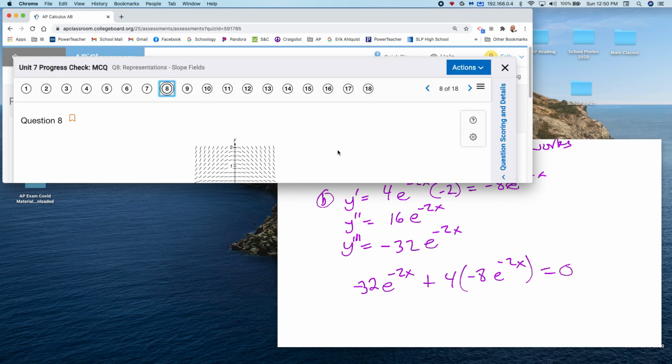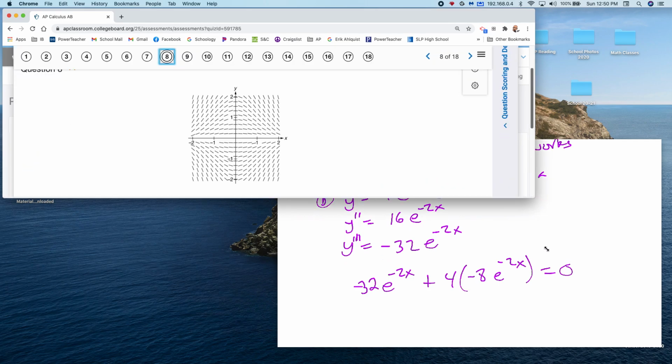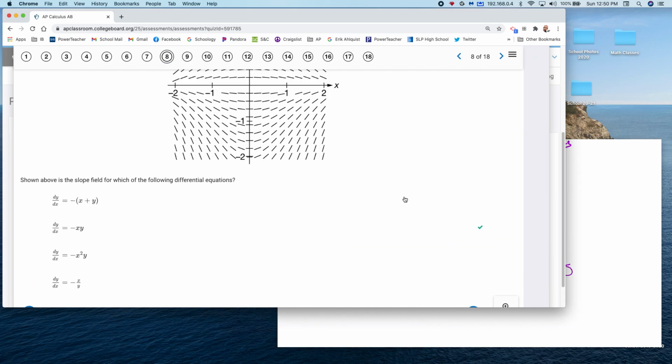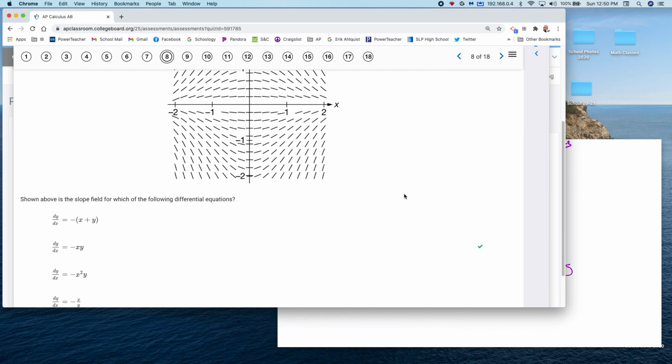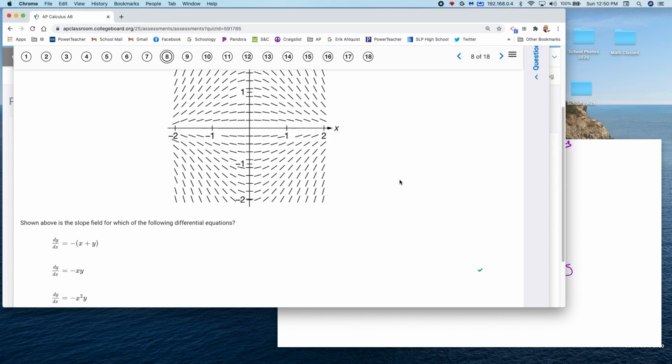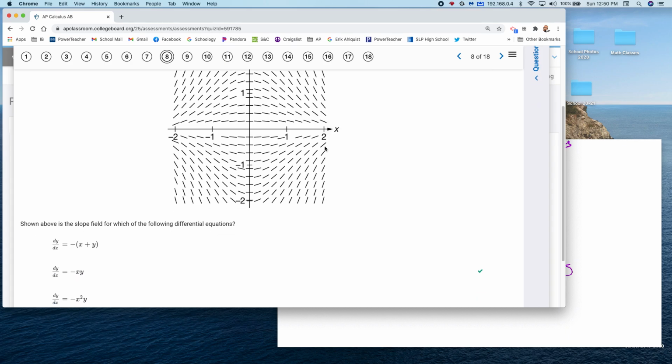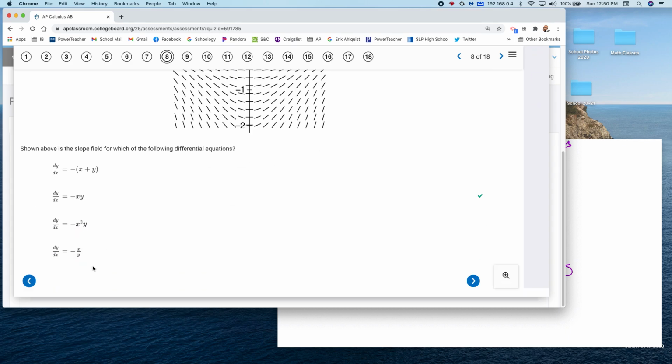Number 8 is a really interesting one, and I'm just going to expand this and look at what this looks like. So we've got this slope field, and I want you to notice what happens when both x and y are positive. We get negative slopes. So that's going to happen in this one, this one, this one, and this one.